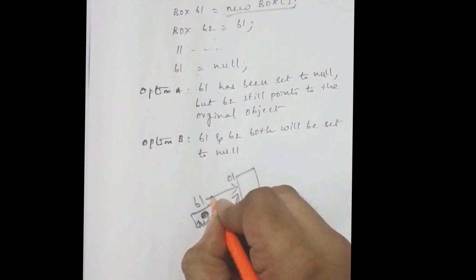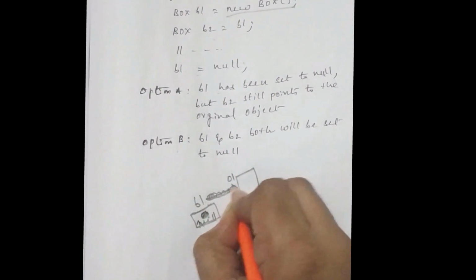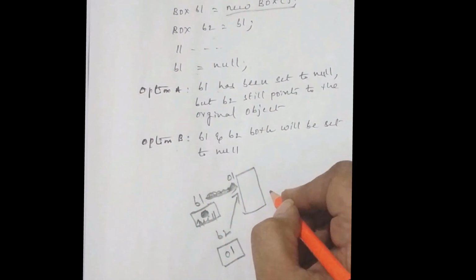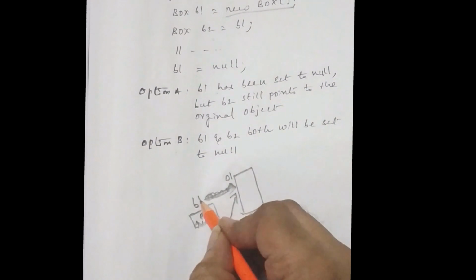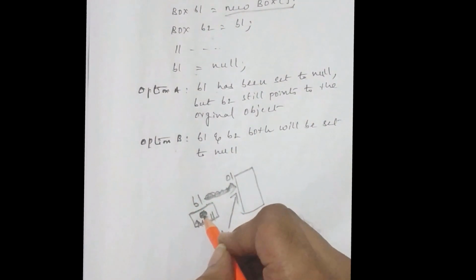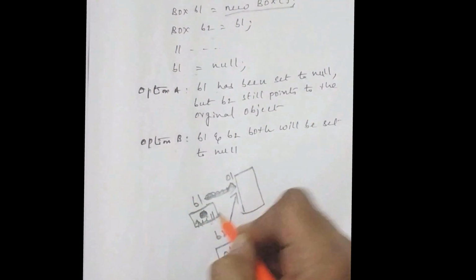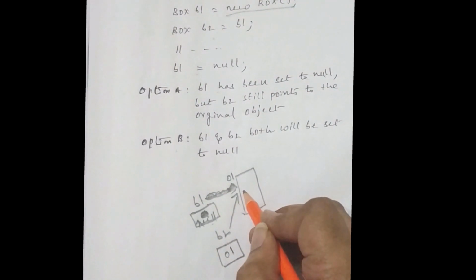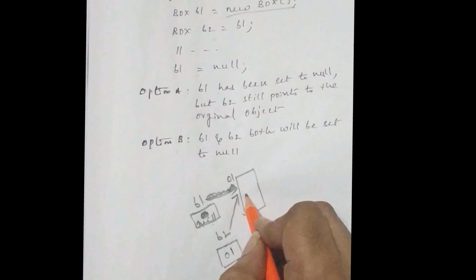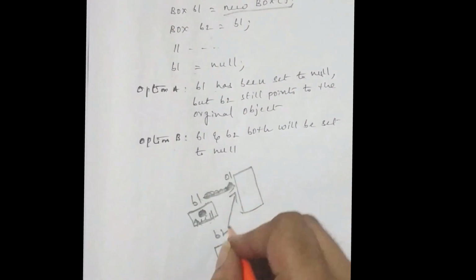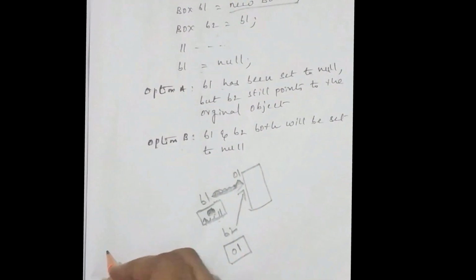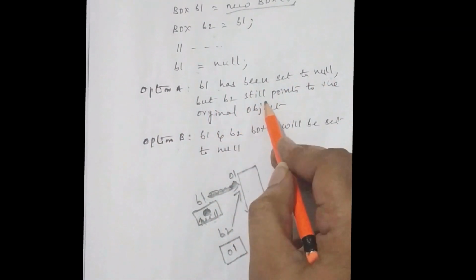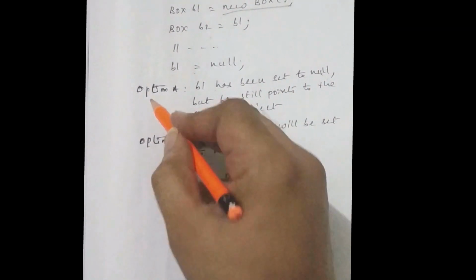Null means B1 is no longer pointing to the object of the class Box, because I changed the value of B1 from 0, 1 to null. So now only B2 is pointing to the object of the class Box. So the correct answer is: B1 has been set to null, but B2 still points to the original object.